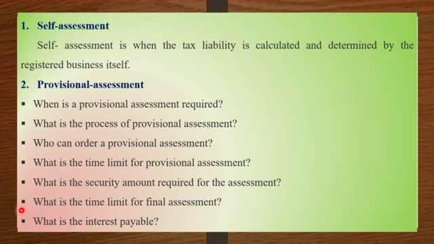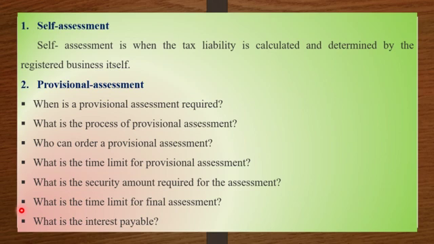For final assessment, the proper officer would issue a notice wherein the assessee would have to provide the records and books of accounts to the officer. Based on the assessee's submitted records, the final assessment would be done and the final tax liability would be calculated.